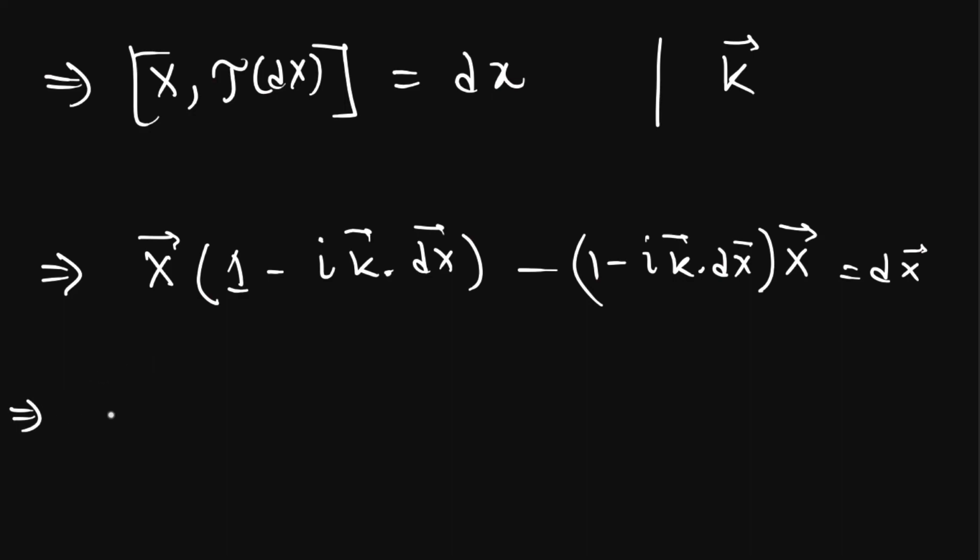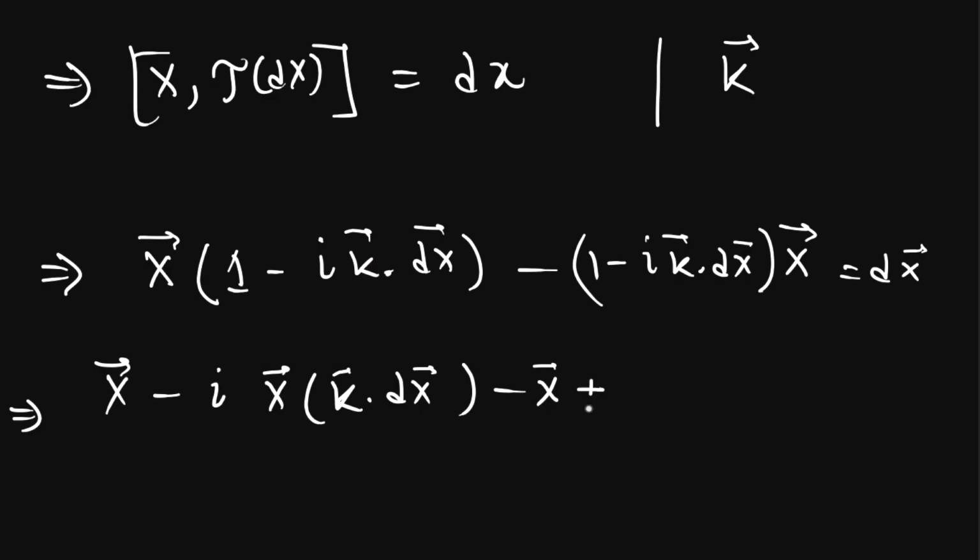Now if we multiply, this equals x minus i x k dot dx minus x plus i k dot dx into x, equal to dx.